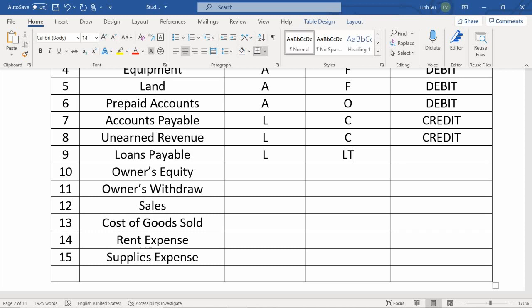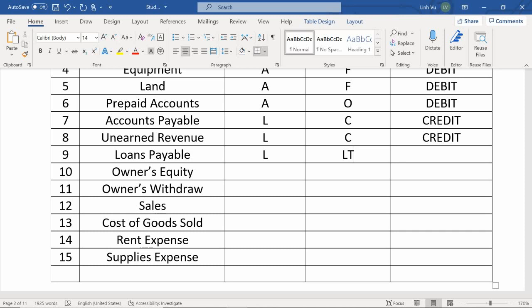So in this case, most likely, most loans are going to be at least a year long, unless it's specified as a short-term loan, which is kind of rare to see. If that's the case, it's kind of like an advance payment.